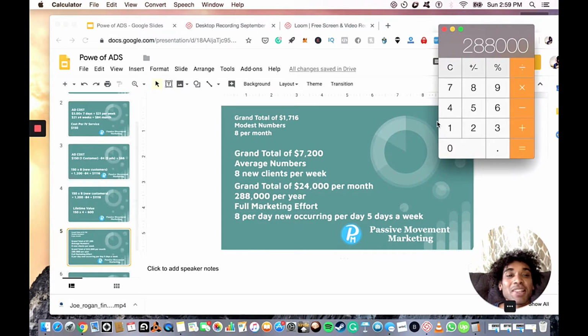Who wouldn't want to spend that? Like, that's the power of these ads. That's the power of putting yourself out there and figuring out where your audience is at. And these numbers are modest, very modest, but they're out there for you to grow your business.